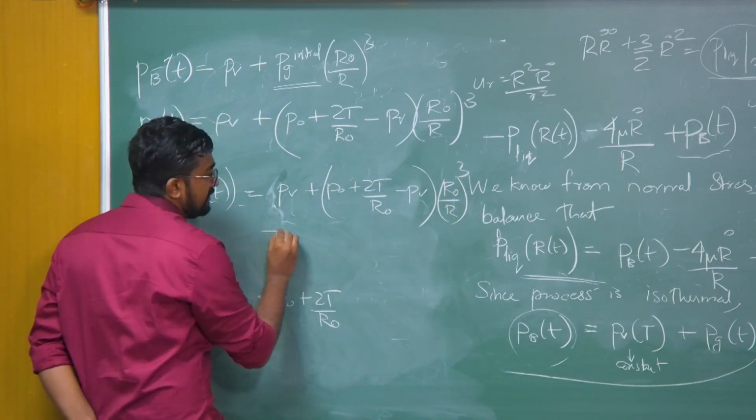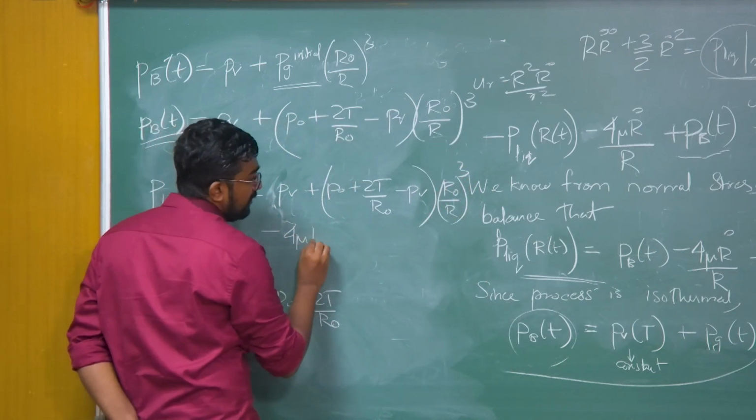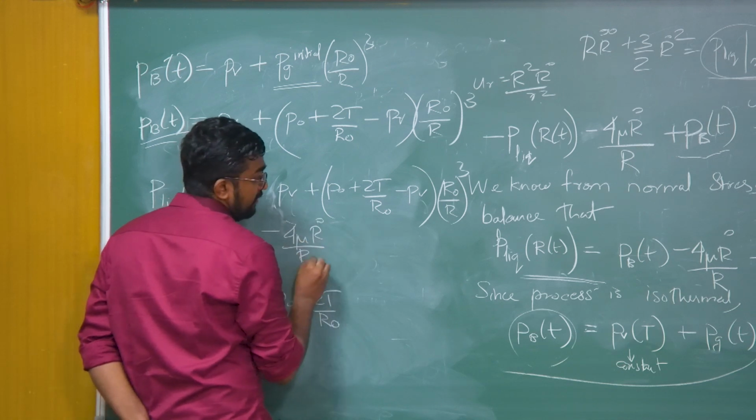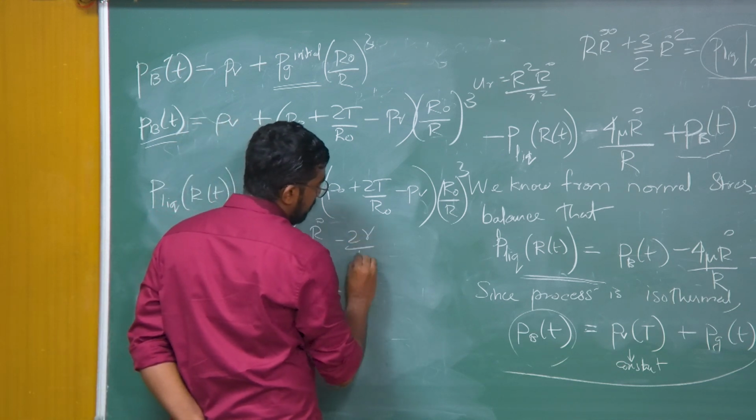Okay, minus 4 mu R dot by R minus 2 gamma by capital R.